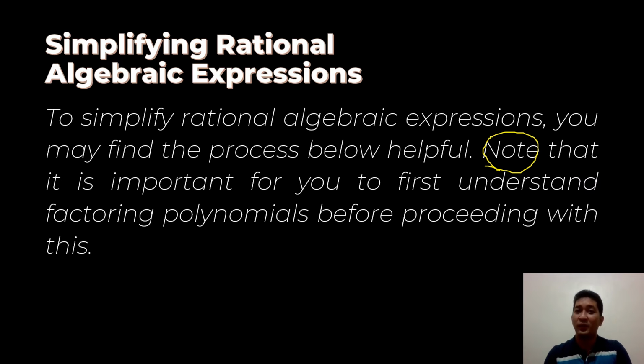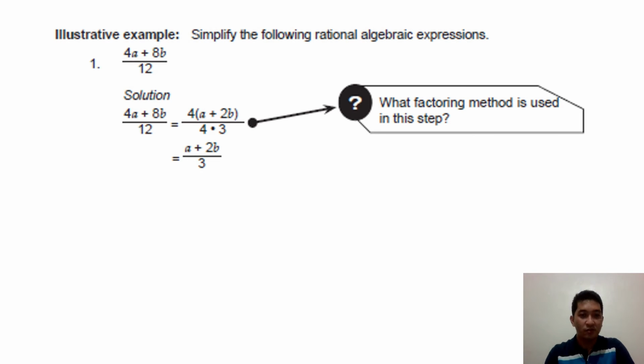So, let's go with the first example. So, before that, why do we simplify rational algebraic expression? It's just like getting the lowest term of a fraction. Do you still remember your lesson in fraction? 'Di ba sa fraction meron kayong lowest term.